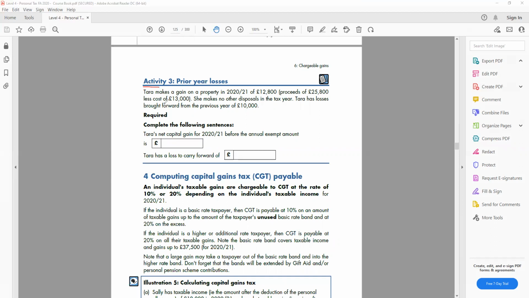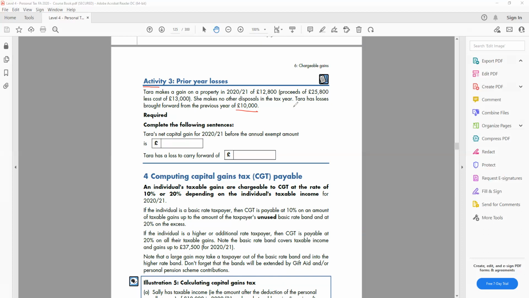So they already give us the disposal value and the cost, and the difference is 12,800. She makes no other disposal in the year. Tara has a loss brought forward from the previous year, 10,000.